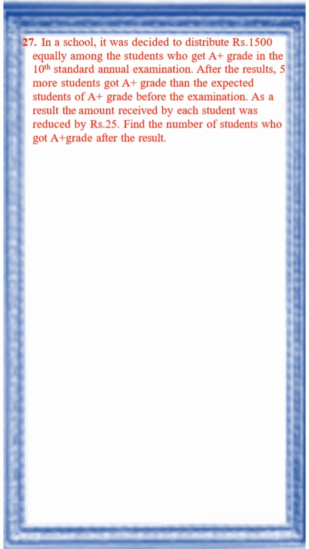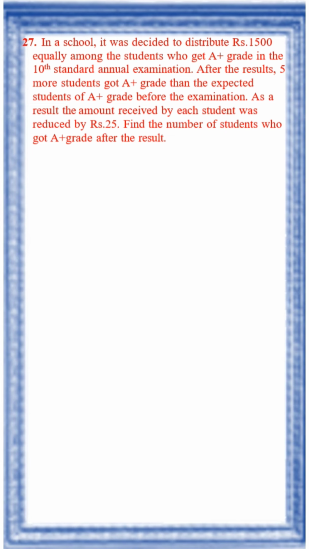After the results, 5 more students got A plus grade than the expected students of A plus grade before the examination. As a result, the amount received by each student was reduced by rupees 25. Find the number of students who got A plus grade after the result.